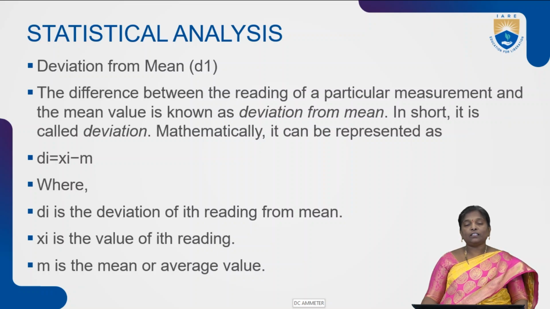The variation in the original value or the average value to that of value obtained in a particular case is called as deviation from mean. Deviation from mean can be represented as di, which is equal to xi minus m, where di is the deviation of ith reading from mean, whereas xi represents the value.